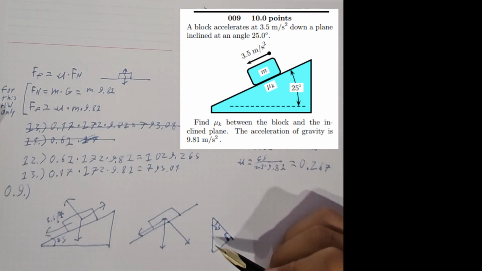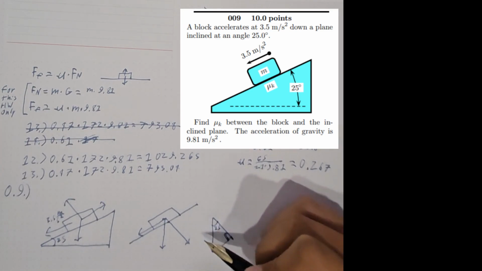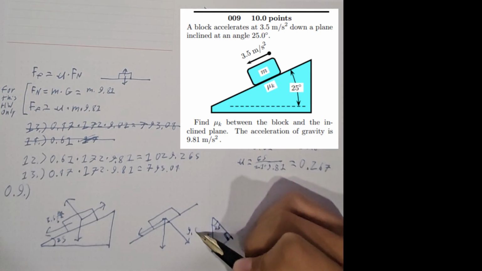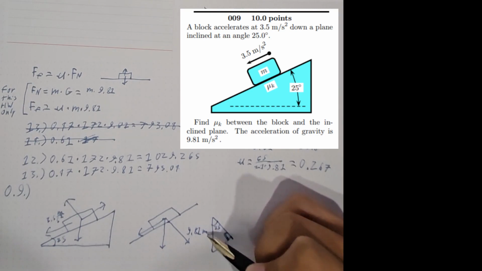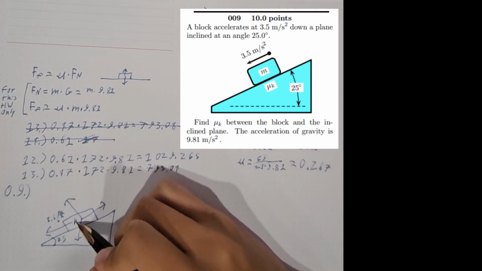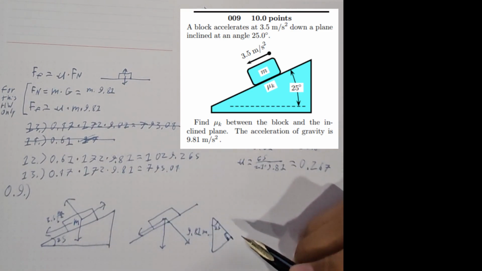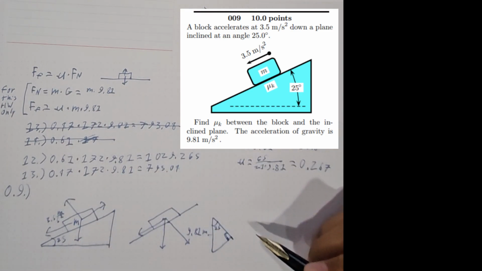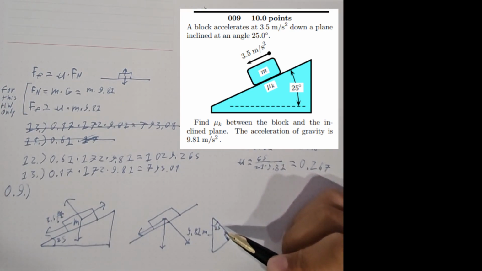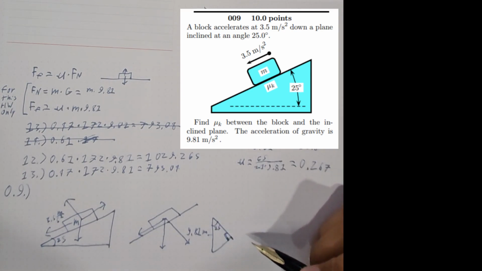So the downwards force of this block is going to be 9.81 m, where m is the mass of this block. Next, you'll want to use trigonometry to find these two sides here.